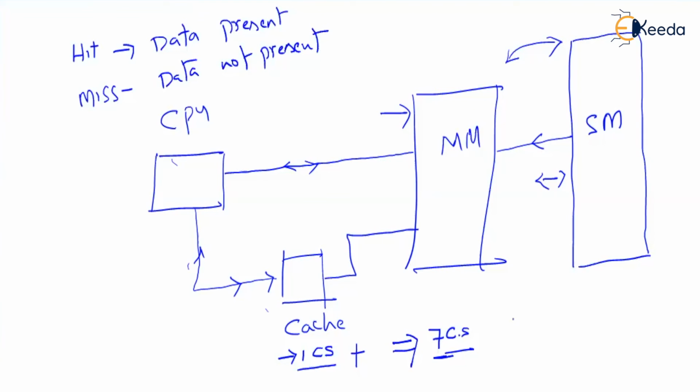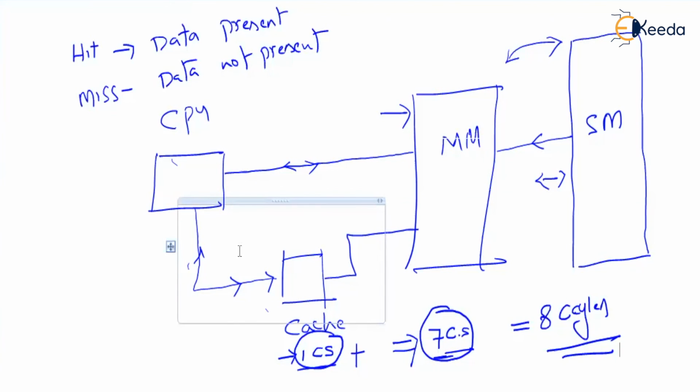So the total miss penalty will be 8 clock cycles: the clock cycle wasted at the cache memory and the clock cycles required to access main memory. Altogether, 8 clock cycles are treated as the miss penalty to access the data from the main memory whenever there is a miss in the cache memory.